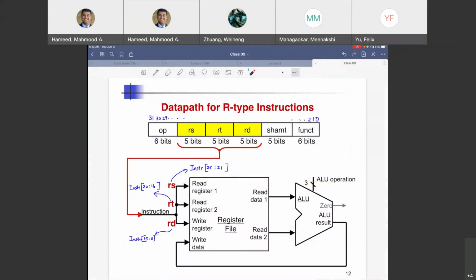How are you going to know? The 3-bit ALU operation code. The ALU result is written back to the register file. So you see, this is only the data path for R-type, right? We are not looking at the mux at the end to select between memory or ALU. We are not talking about that just yet. Questions here?